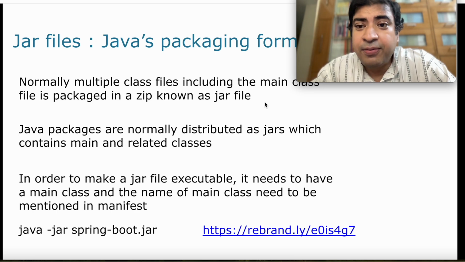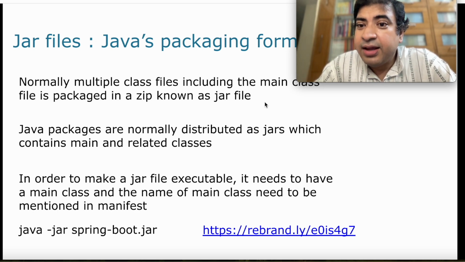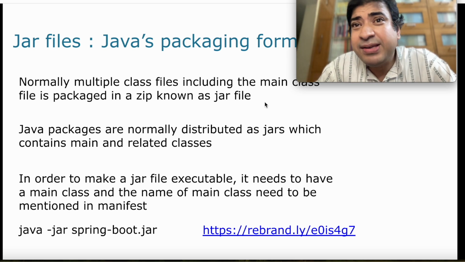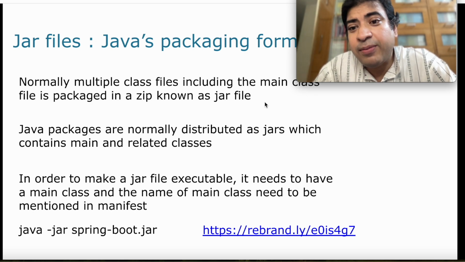And what are jar files? We have seen that the output of the Maven package command is a jar file. The jar file basically contains all the classes with their folder structure, and it is a deliverable, a package created from a Java project.